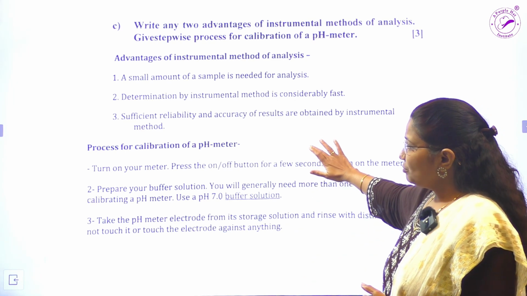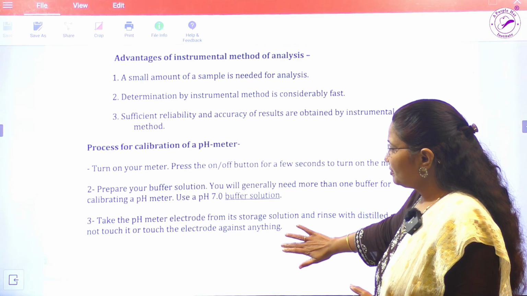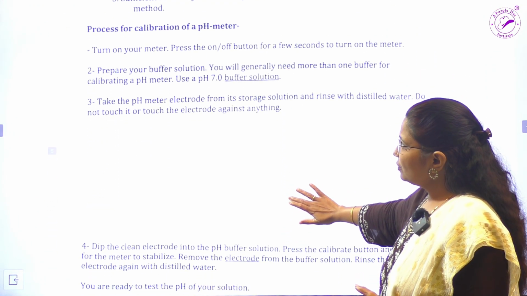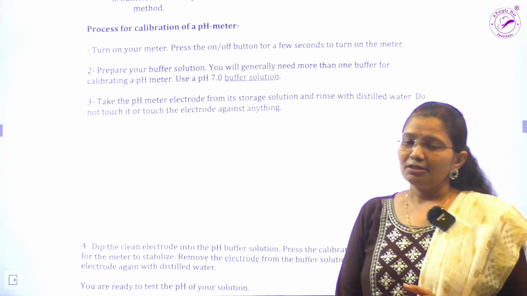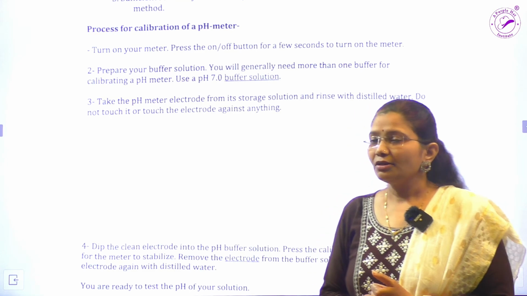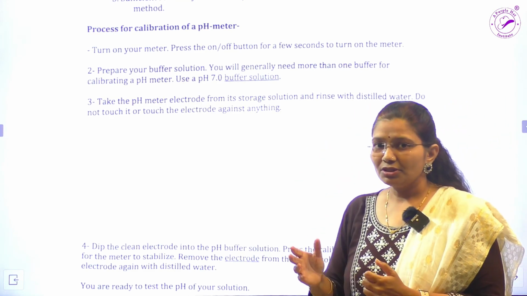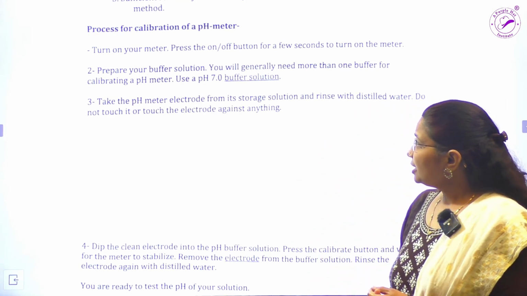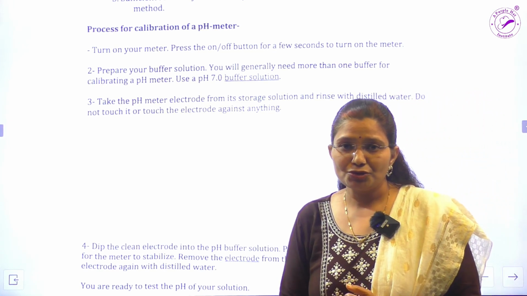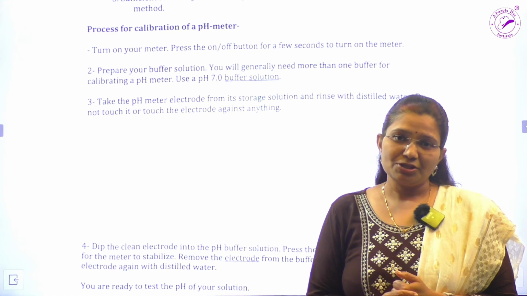Then the process of calibration of pH meter. For this process, first of all, turn on the pH meter, then prepare a buffer solution. With the help of the buffer solution, you can calibrate the pH meter.